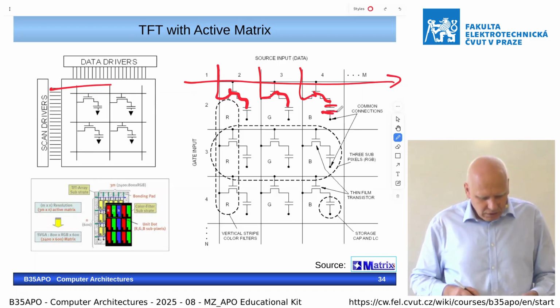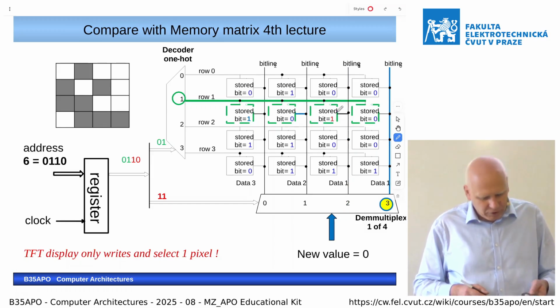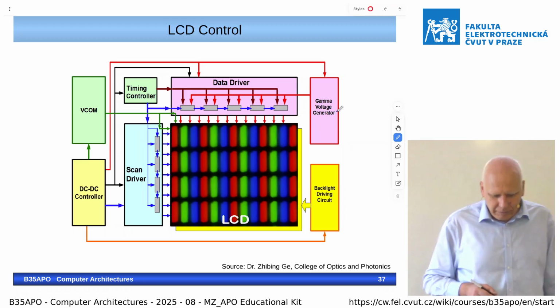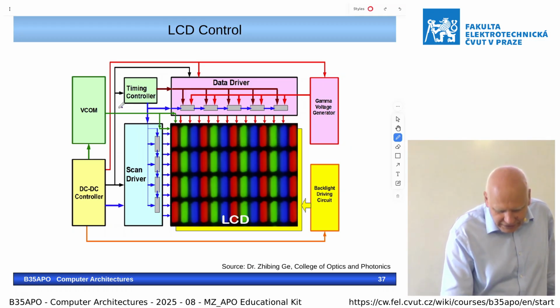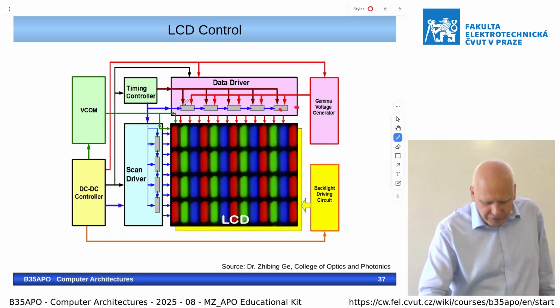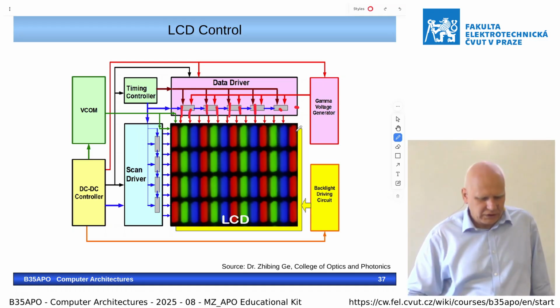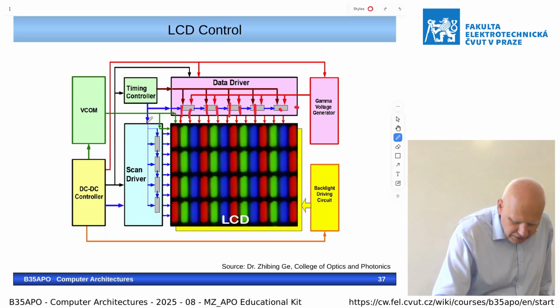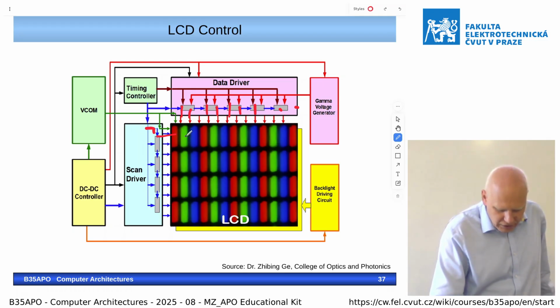cell. So this addressing is exactly the same or similar to the memory, but usually it works in such a way that you use a serial link through which you send the voltages for the individual columns. Then you send the frame signal and activate the first row, and it is copied to the individual pixels.